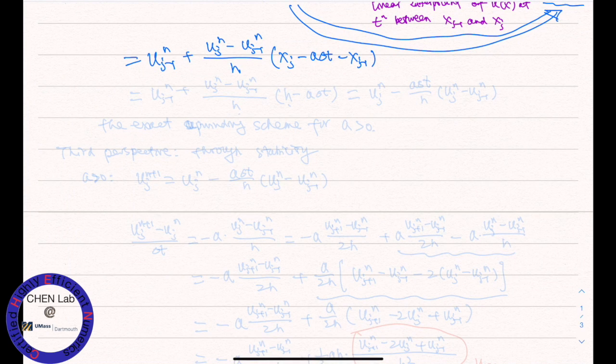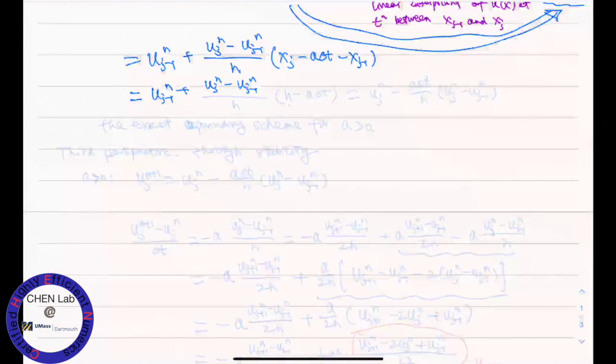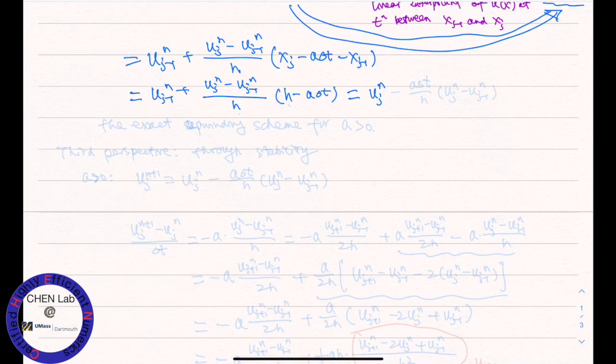We know xj minus x_(j-1) is h, so we get h minus A delta t.